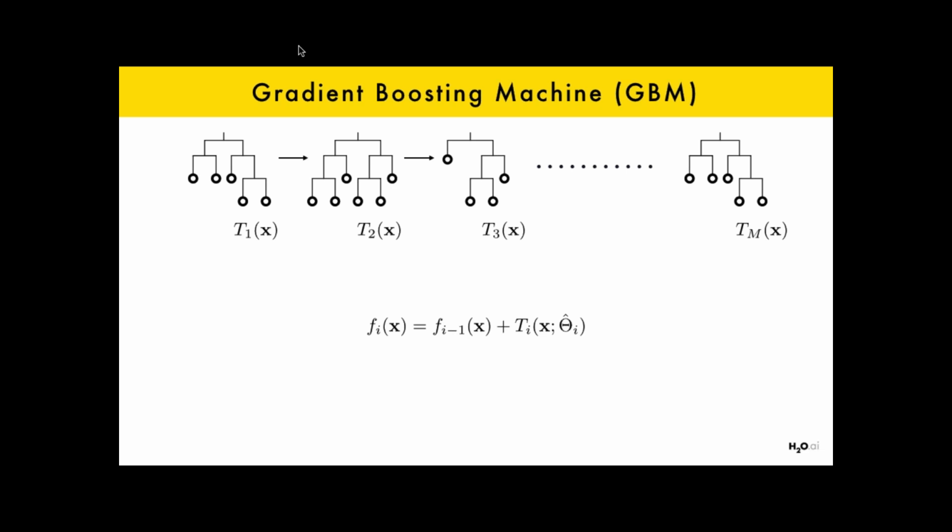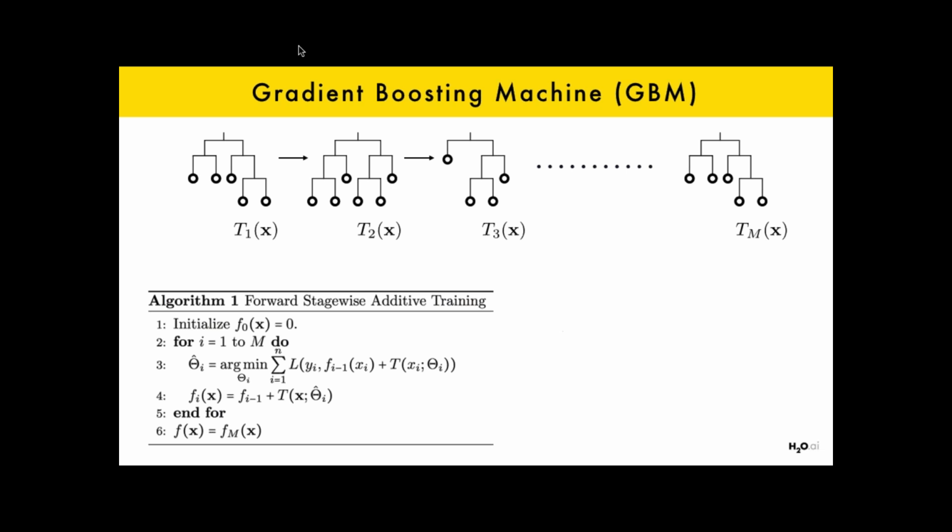Okay, so how would you do it for a trickier model, like GBM? When I draw a gradient boosted machine this way, it looks like random forest. It's just a bunch of trees, and you add the trees up. The uniqueness is that the way you train a GBM model is not the same way that you train a random forest model. With a GBM model, you have to train the trees sequentially.